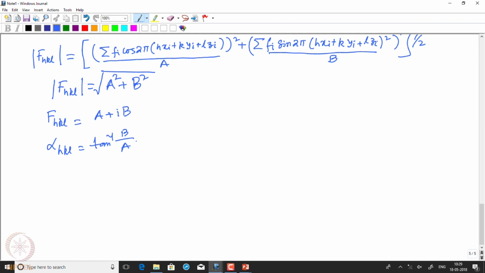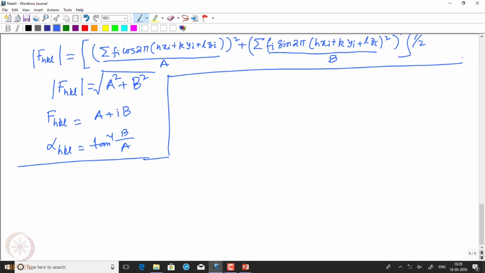So, now let us see a situation for two different values of HKL which are related by a center of inversion. That means I am talking about HKL and H bar, K bar, L bar. Let us first see it pictorially.